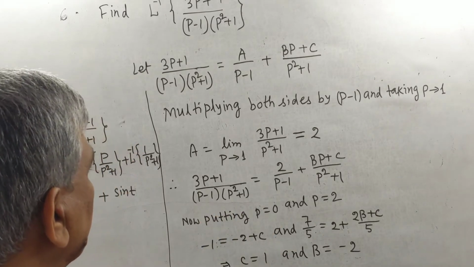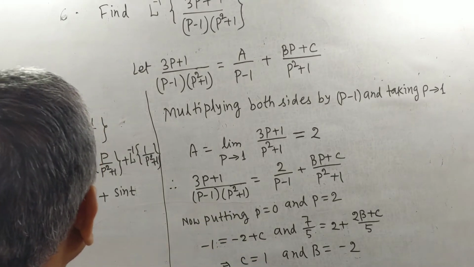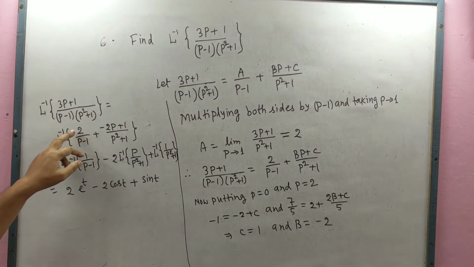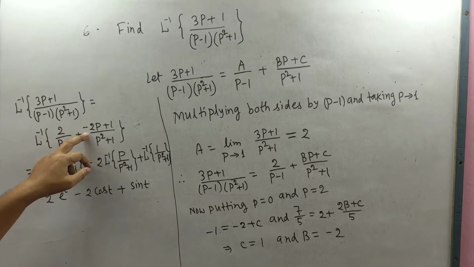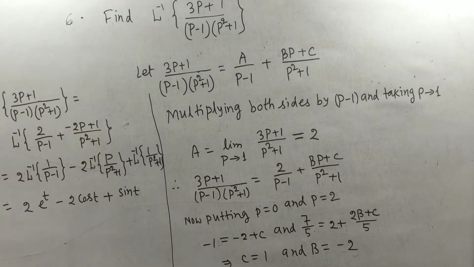Now we put the a, b and c values. Here 3p plus 1 by p minus 1 into p square plus 1 is a by p minus 1, a is 2, plus b p plus c by p square plus 1, b is minus 2, c is 1.